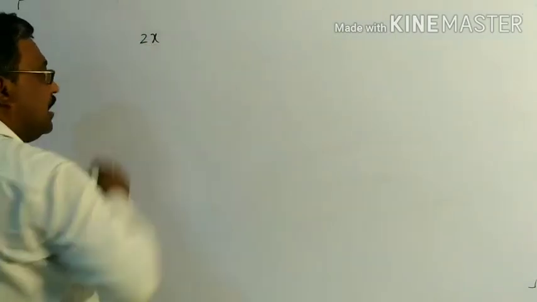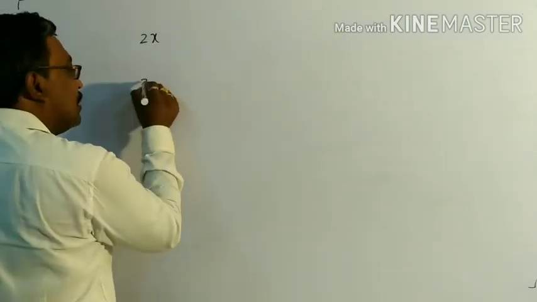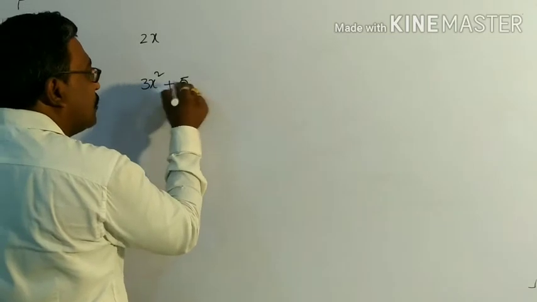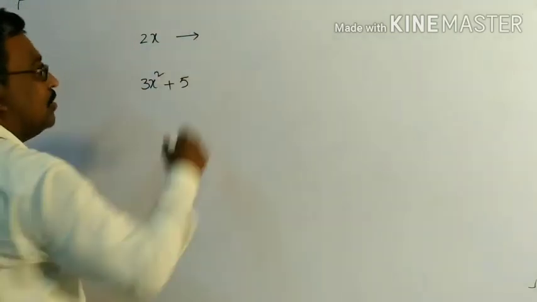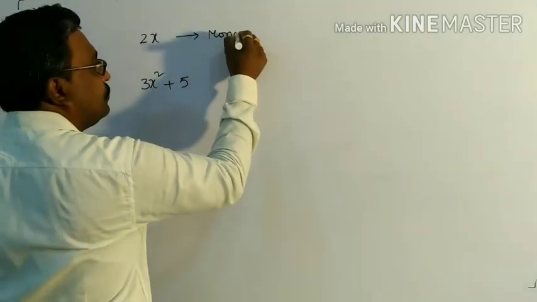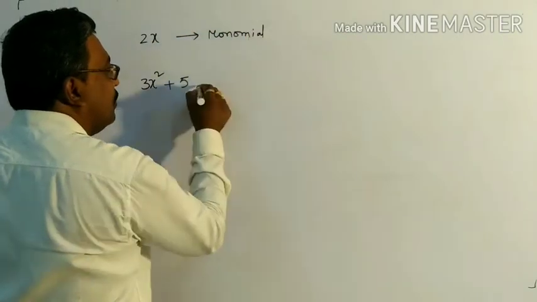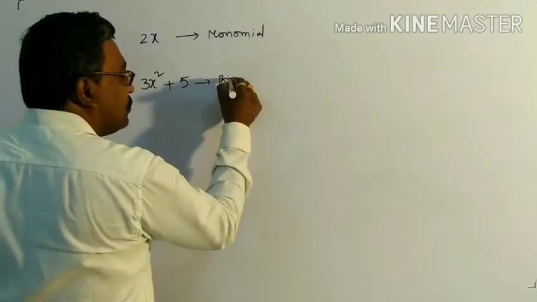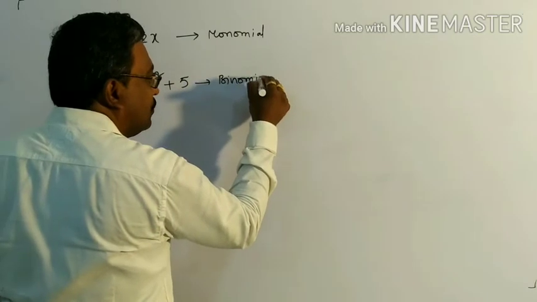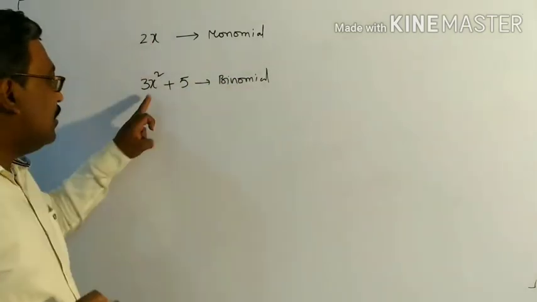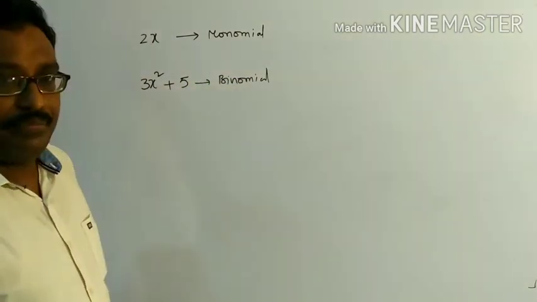2x is a term. So 3x squared plus 5. It's a single term. We can call it as monomial. It is binomial. What is this? 3x squared plus 5.